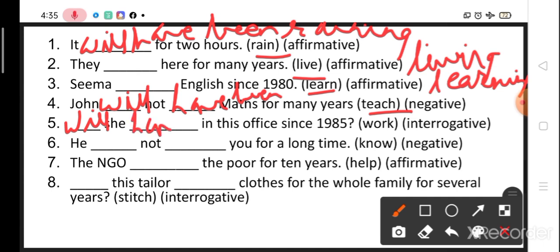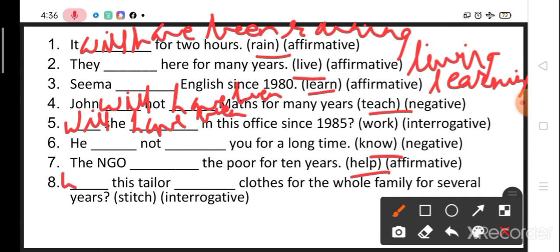Will she have been working in this office since 1985? He will not have been knowing you for a long time. The NGO will have been helping the poor for 10 years.